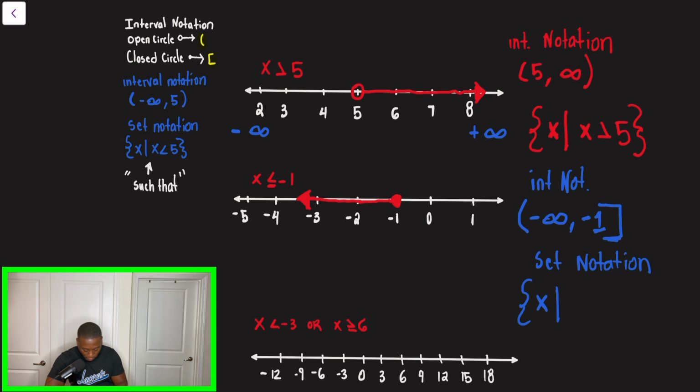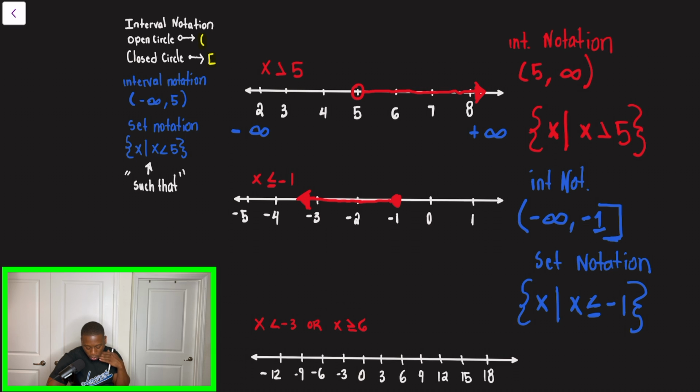So we're going to put x such that x is less than or equal to -1. So understand that interval notation, set notation, it's really all the same exact thing. It's just a play on words. All they're asking you is, hey, can you list your answer in another way?